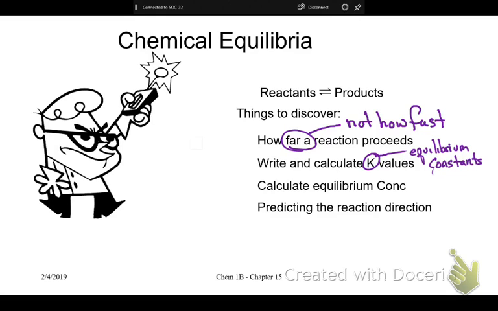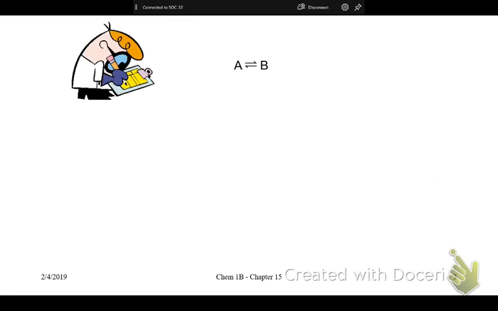Because what your body naturally tends to do is, if I gave you something that makes you sick, what does your body have a natural tendency to do? Tries to fight it, right? Doesn't just succumb and go, well, that's it, I'm done, right? And so that's what we're going to talk about. We're going to talk about predicting reaction direction based on when a system gets challenged, okay? So let's get on from here.